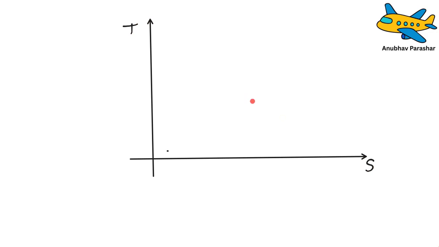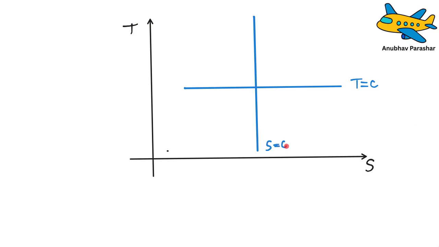Now a constant temperature process will be the blue horizontal line, right? So not a problem here. This is temperature is equal to constant. And the constant entropy process is going to be this. Entropy is equal to constant. So entropy constant means adiabatic, and temperature constant is isothermal, right?